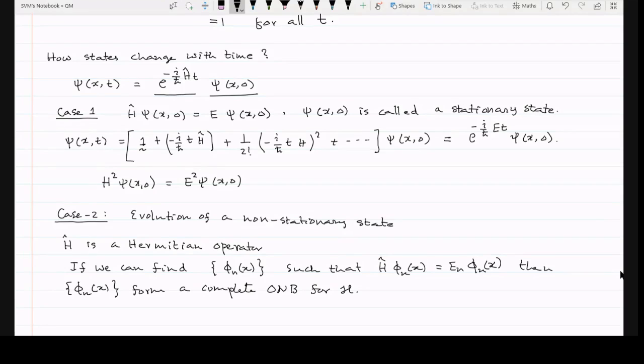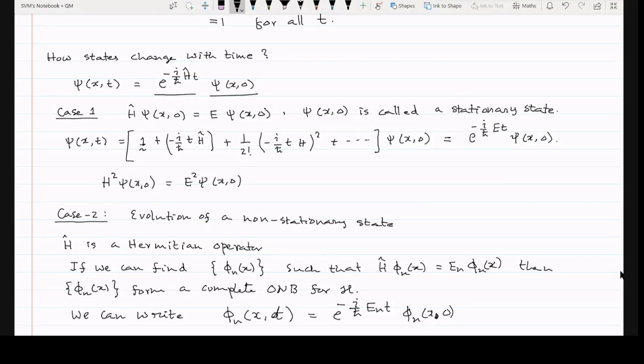So if this is so, suppose I want to know what is phi n of x, t. This is given by e to the power minus i by h cross into E n t times phi n of x, because each one of these eigenstates will be like in the case 1 that we discussed.